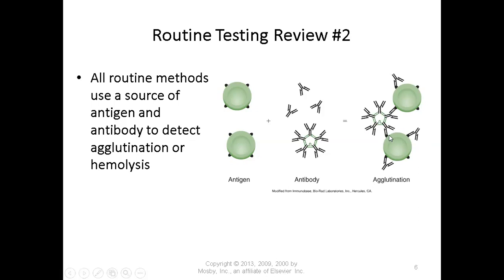If we were meeting face to face, I would ask you what antibody is this big one, and hopefully you would tell me IgM. We could see how some of the binding sites of this IgM are attracted to an antigen on one red cell, and then other binding sites of the same IgM molecule are crossing over to an antigen on a different red blood cell, and this is how we are able to see agglutination through that cross-linking and lattice formation.